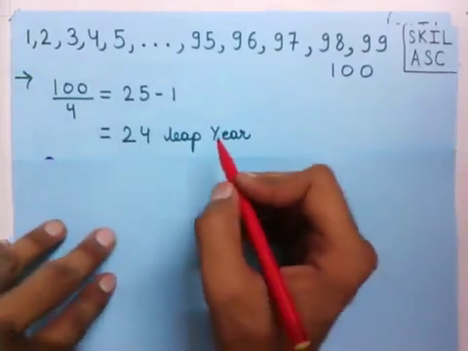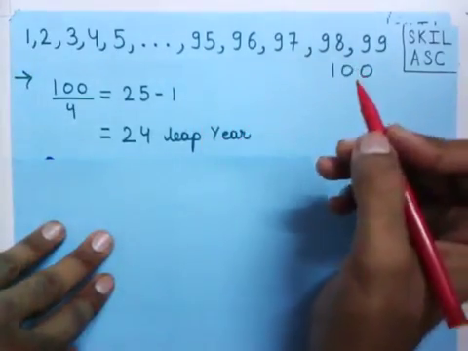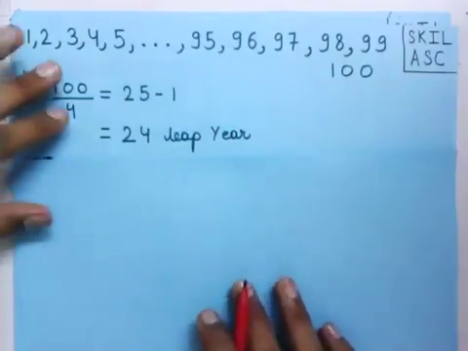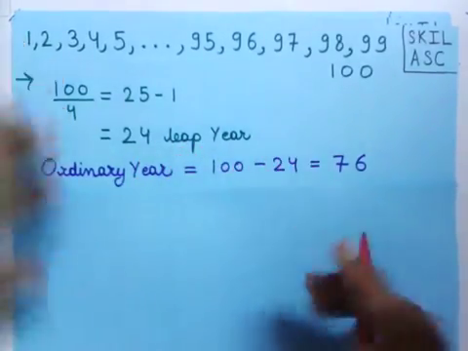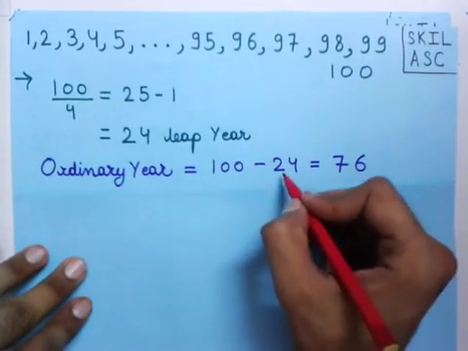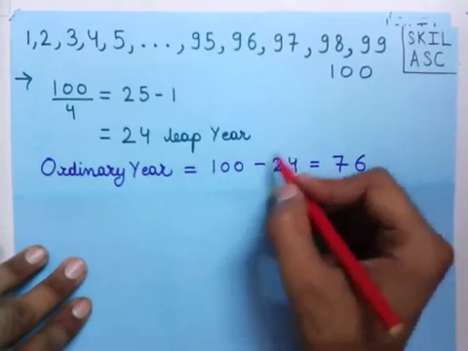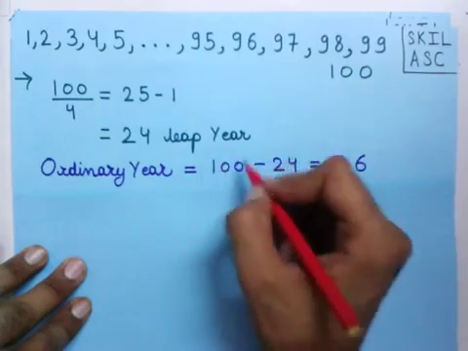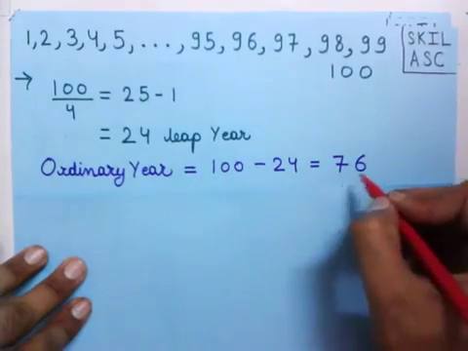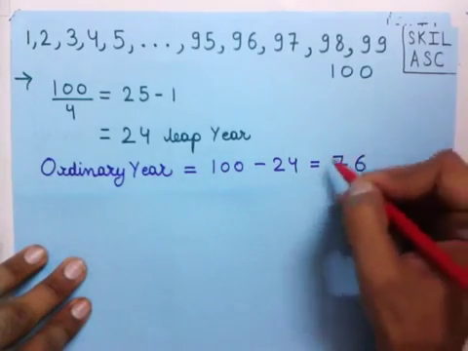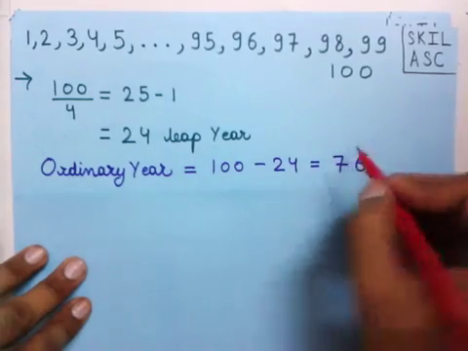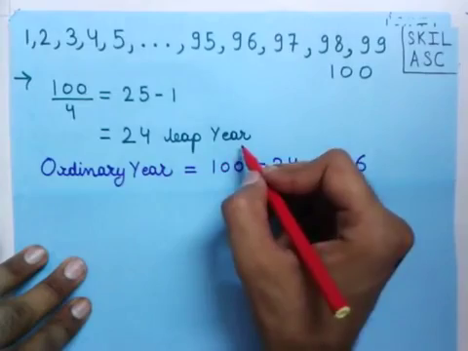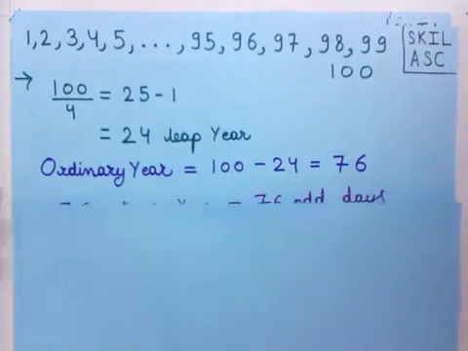Now we know that the year which is not a leap year will be an ordinary year. So we have 24 leap years. Now the ordinary years will be 100 minus 24, which is 76. So we have 76 ordinary years and 24 leap years in 100 years.